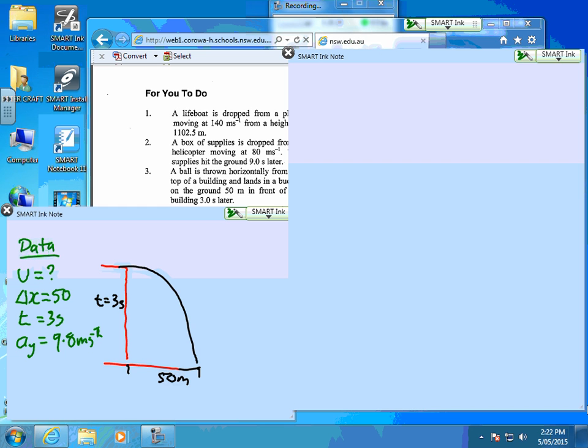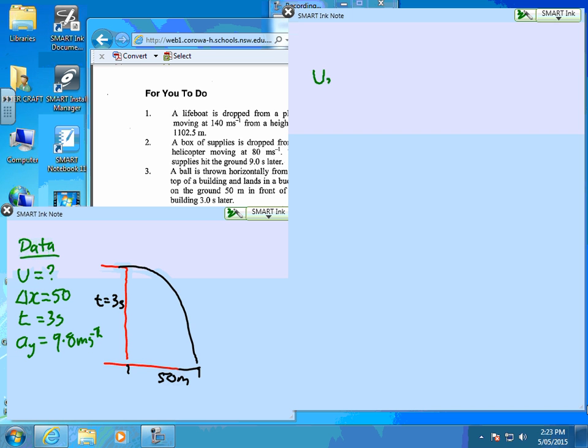So, if I want to find a speed, let's start with the horizontal one. What do I need to know to find out my speed? What are the 2 things I need to know? Distance and time, isn't it? So I need to know a distance and a time.